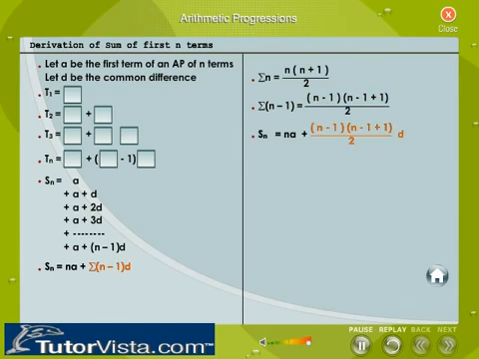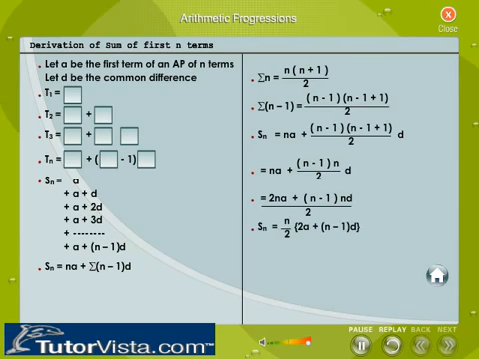We substitute this value of sigma n minus 1 in the right-hand side of the equation. We simplify the terms. We get the formula Sn is equal to n by 2 times 2a plus n minus 1 into d. We use this formula when we know the values of a, n and d.